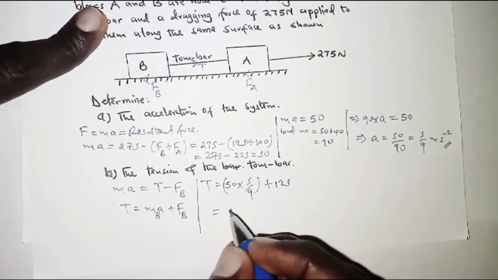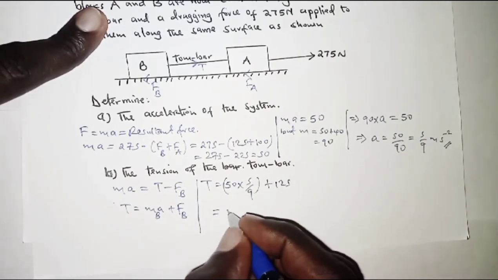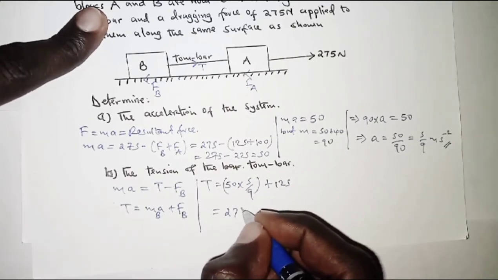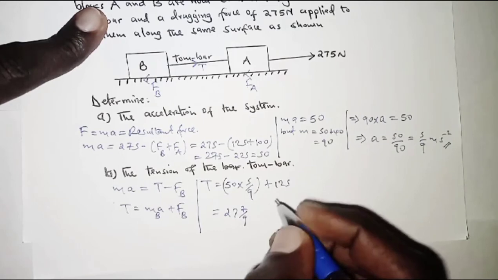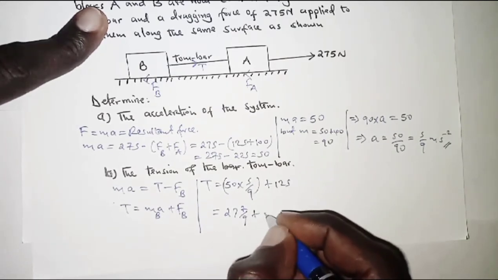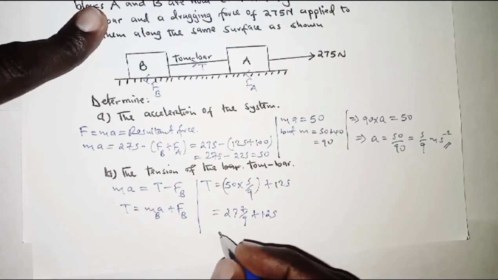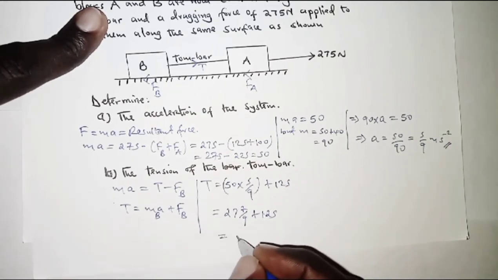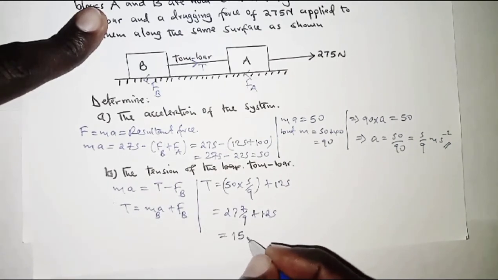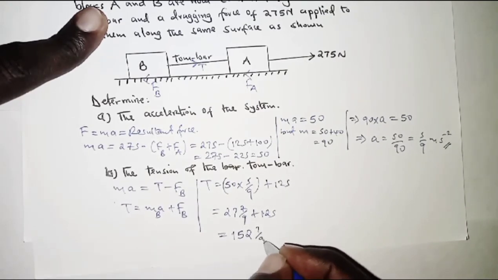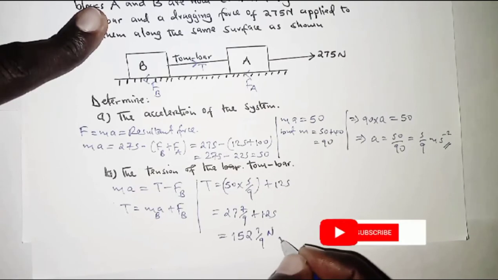This should give us, for the first part, 27 and 7 over 9. We add that to 125, so that finally we have 152 and 7 over 9 newtons.